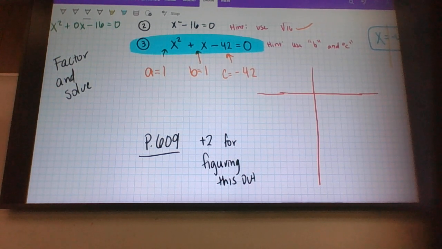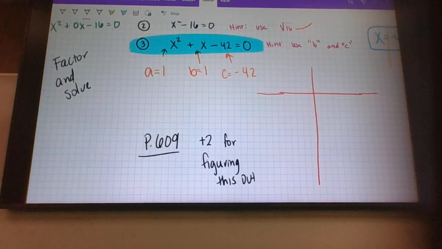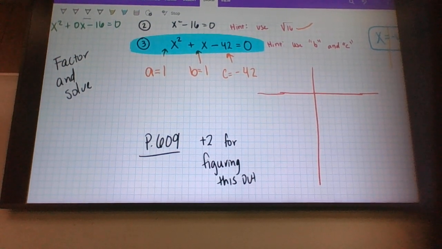Factors of 42 are 7 and 6, right? Okay. How'd you figure it out? Negative 7 and 6.